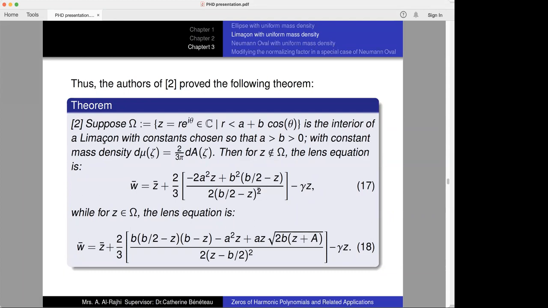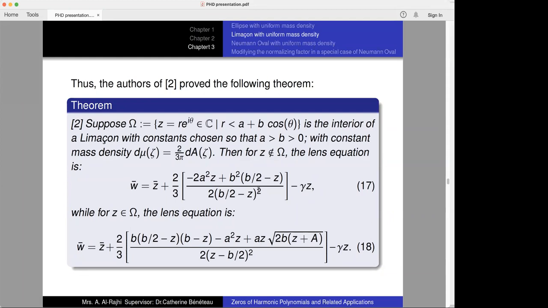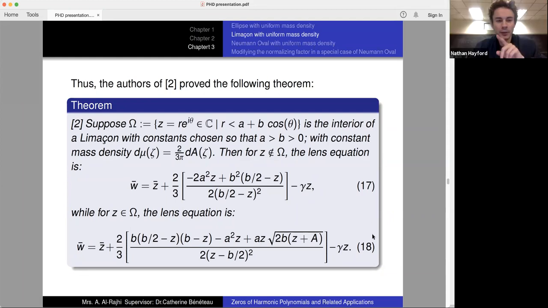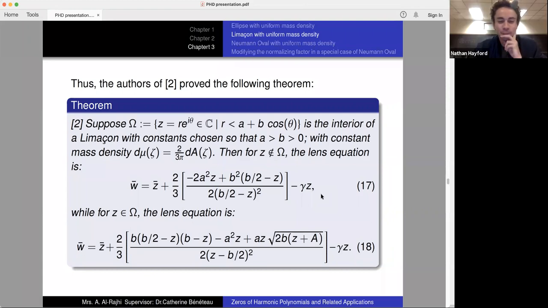And we said 5n minus 5, which is 5 times 2, 10 minus 5, it's 5. But if it's there, there are more solutions. Yes. Is it sharp? Do you find the maximal number of solutions attained for particular a, b, and gamma? For this case, no, we didn't find a sharp one. Maybe for the last one, the modified normalizing factor, you will see the sharp one.